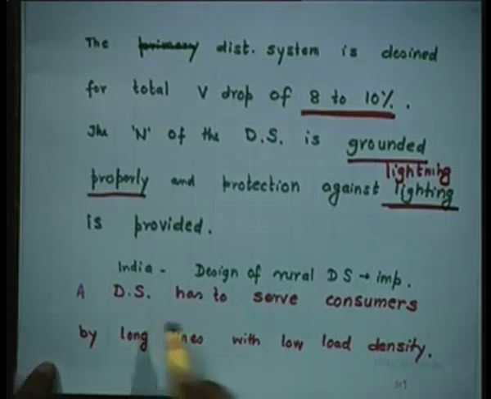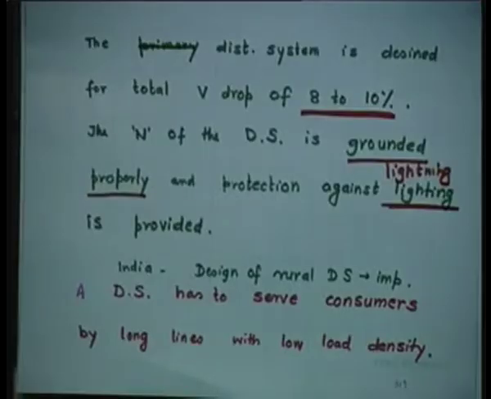In India, the design of the rural distribution system is very important. Why? Mahatma Gandhi used to say India lives in villages. 80% of the population still lives in a rural environment, and all of them need power, all of them do irrigation, all of them need power for their pumps.